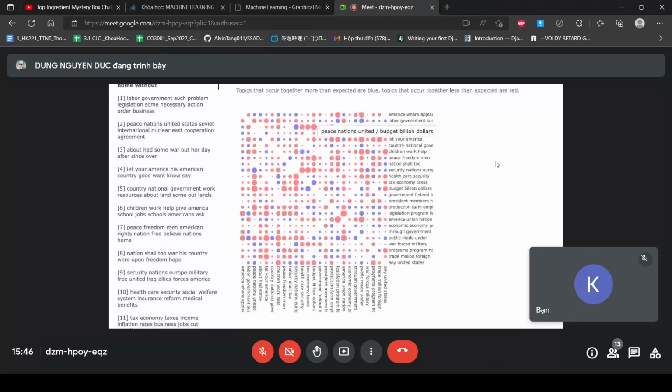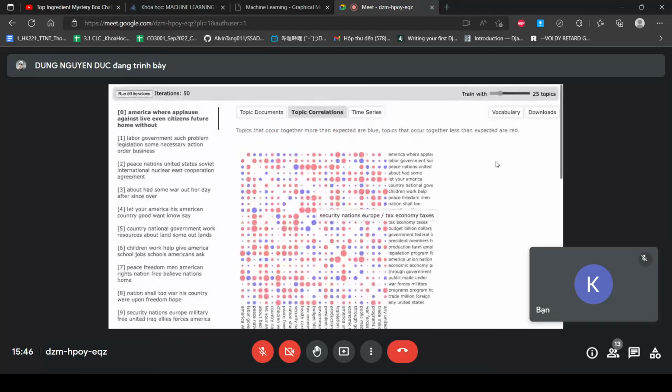So those topics are very correlated. Or here, purchase, billions, dollar, this is like the symmetric matrix, or security, nation, Europe related to tax, economy, taxes. That's something you can get from the correlation between topics.